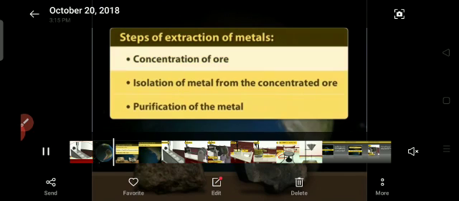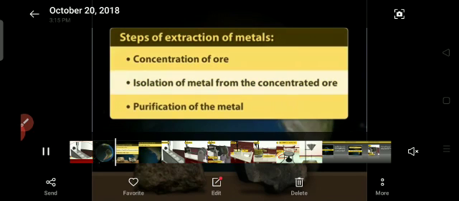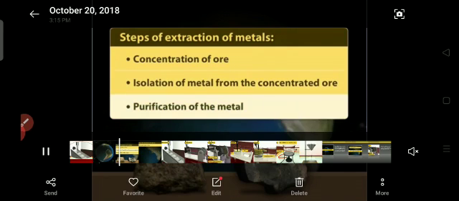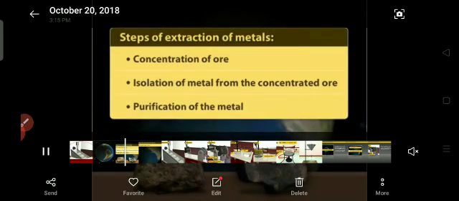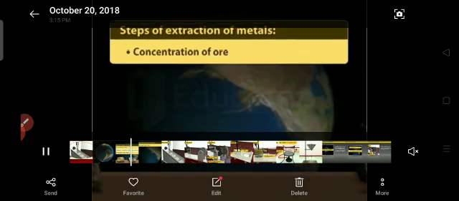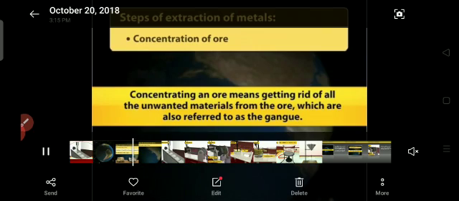Steps of extraction of metal: the first one is the concentration of ore. Now we study about the concentration of ore. Metallurgy means the removal of the metal from the ore.